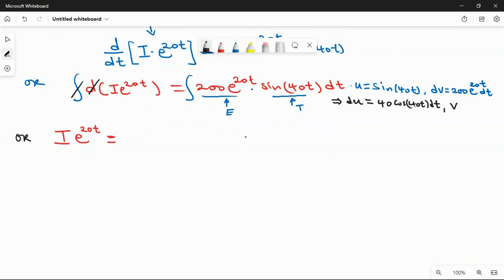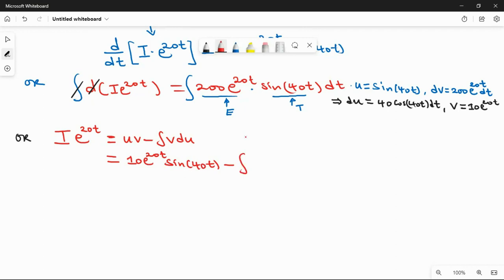And v, integrating 200 exponential 20t, will give us 10 exponential 20t. So when you use the parts formula, I expect this to be uv minus the integral of v du. When you substitute, uv is 10 exponential 20t times sine 40t, minus the integral of v du.